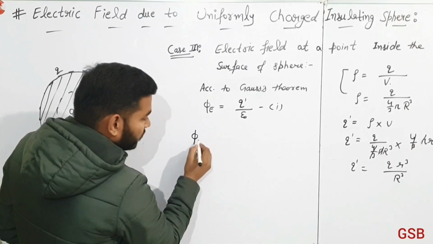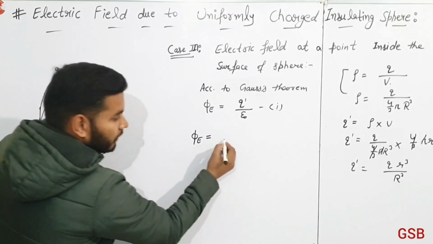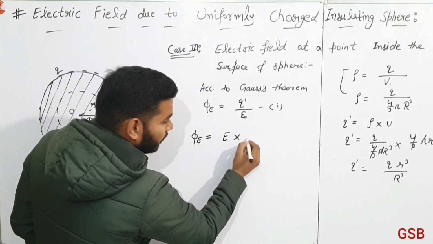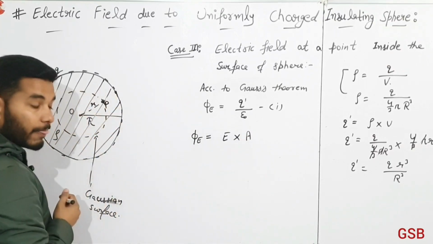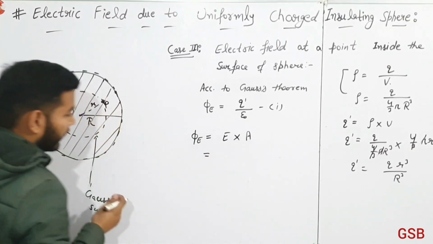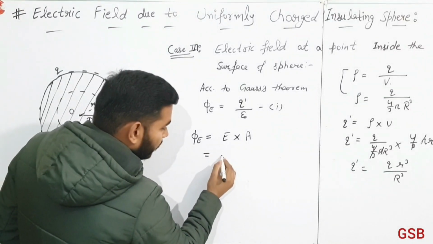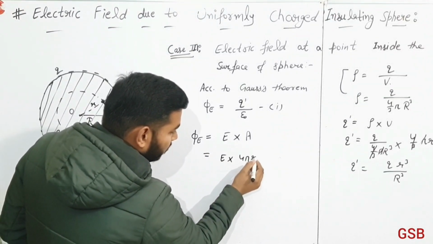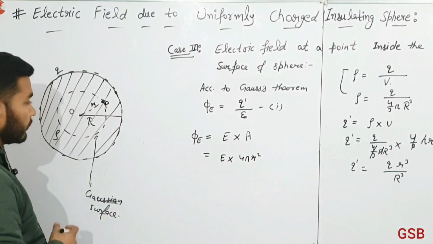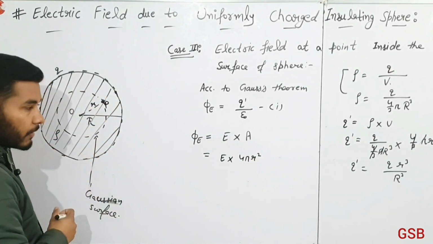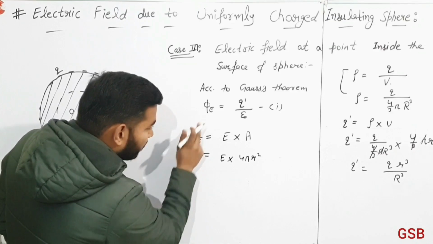Now, according to the definition, electric flux is electric field E into the given area. What is the area of the Gaussian surface? The area is 4 pi r square. Now, what is the value of phi E?